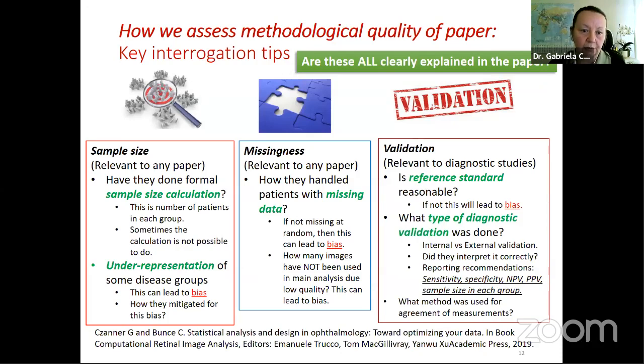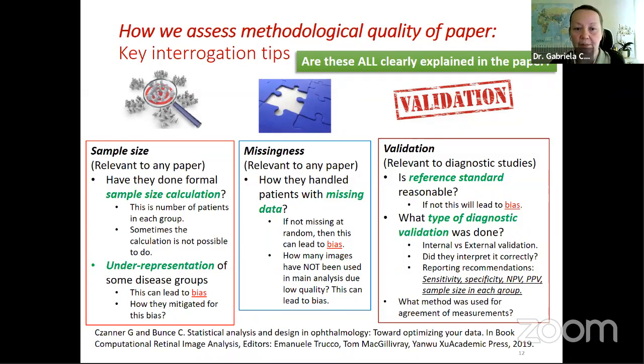The other tip that we need to look at is missingness. It is a topic that is not as frequently discussed as I would like, but it's a very important topic: are the authors reporting any missing data?